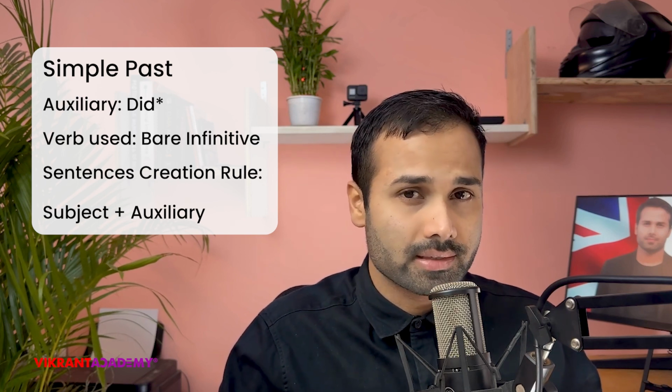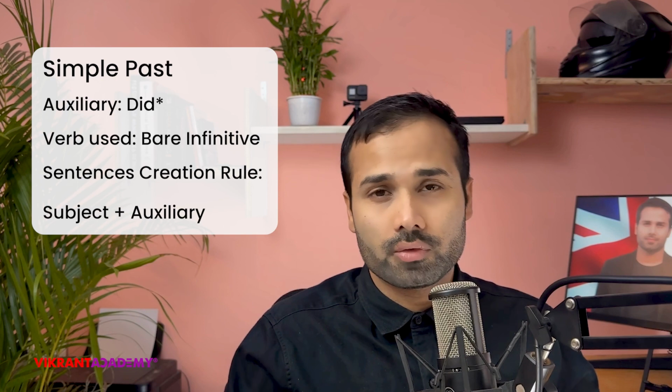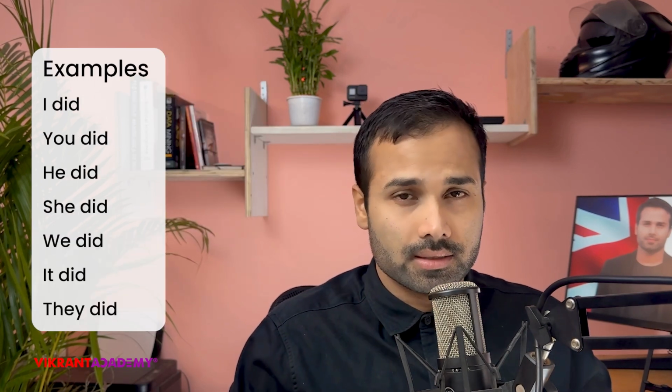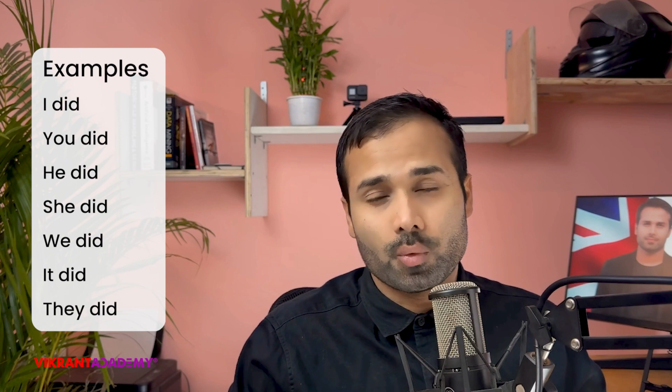We can create sentences using this form of simple past: I did, you did, she did, we did, they did, it did. It's very simple. Now we will move to the subjunctive mood of active voice.